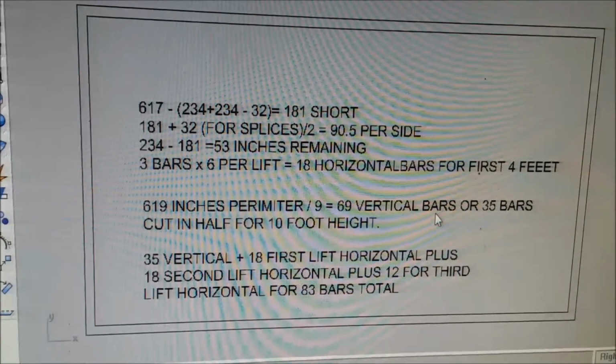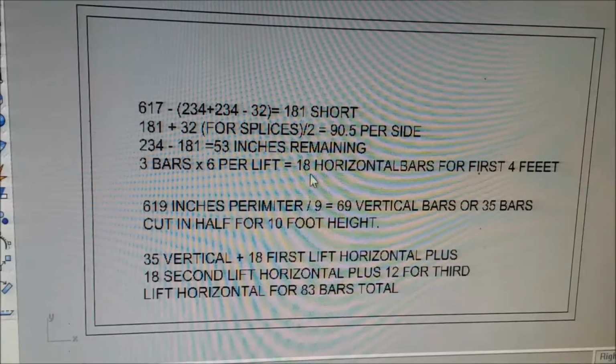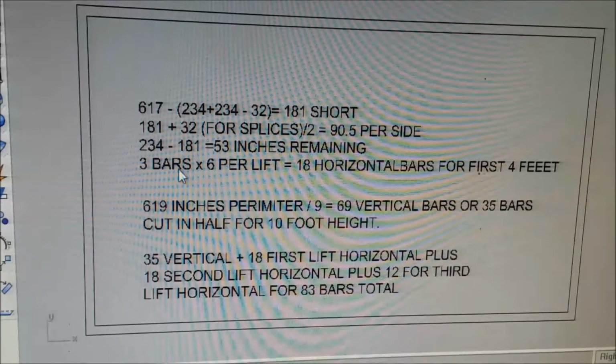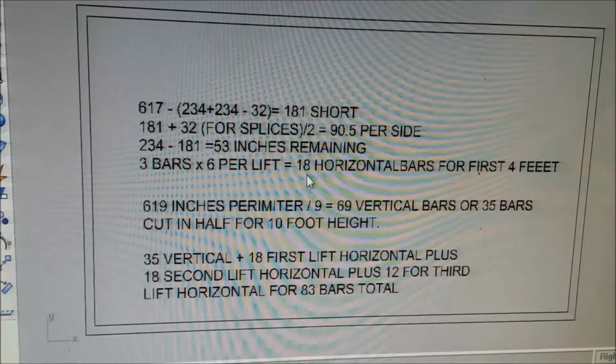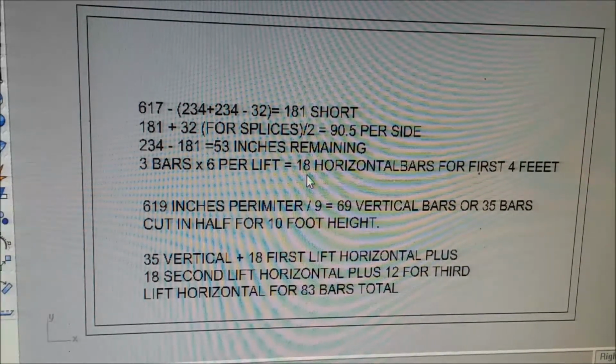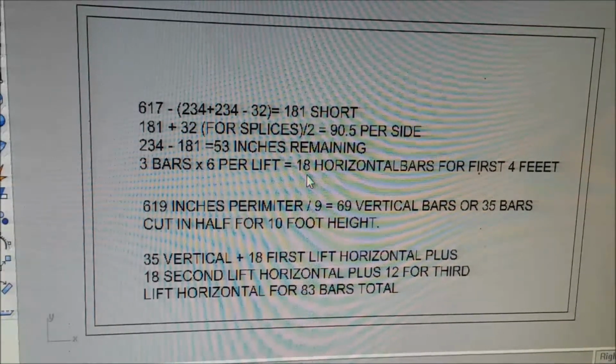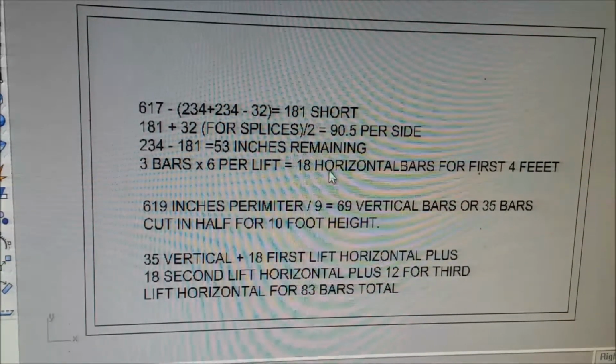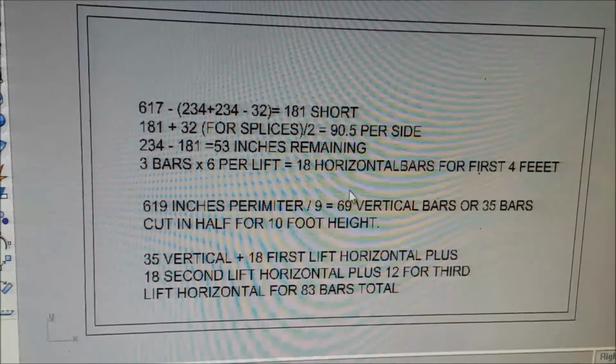Okay, so we have those bars, and we're going to take these. What was it? 18, 3 times. Yeah, 18 bars are going to go across where the window openings are. We're putting 2 windows on each side that are kind of long, so we'll use these 18 pieces. We'll put them up right under the window.